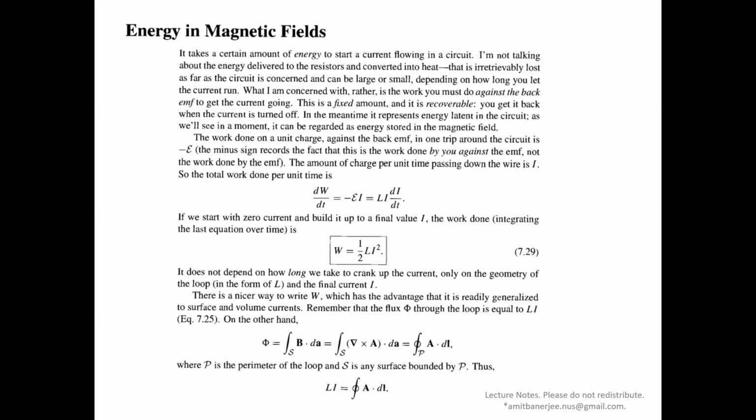As we understand, flux is the surface integral of B dot dA, and we can write B as the curl of A and then convert it using Stokes' theorem to a line integral. So this gives us the proportionality L I equal to this closed line integral of A dot dl.